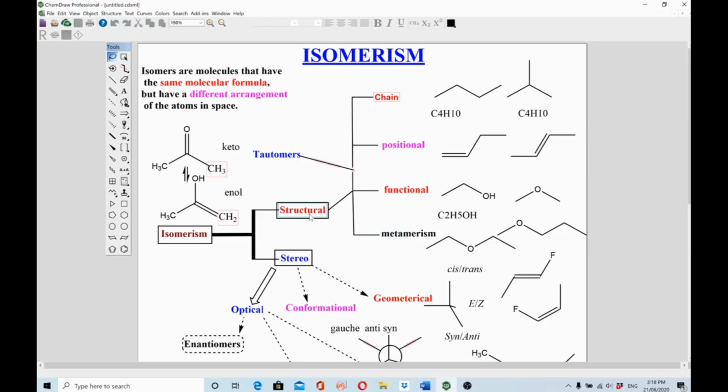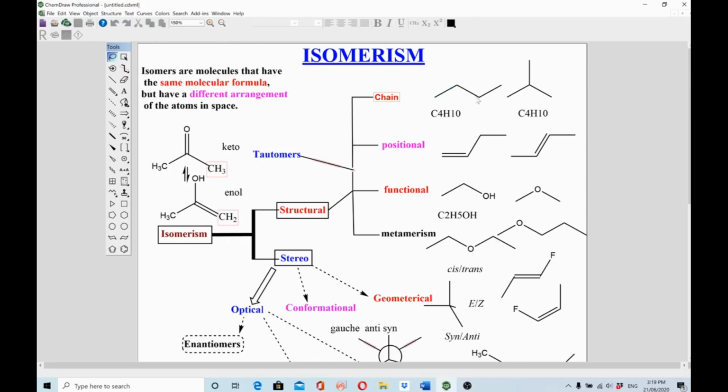Let's discuss chain isomerism. Chain isomerism is a type of structural isomerism in which two compounds differ because of their chain length. See, these two compounds have the same molecular formula C4H10, but if you look at their structural arrangement, they are different because there is a change in their chains.